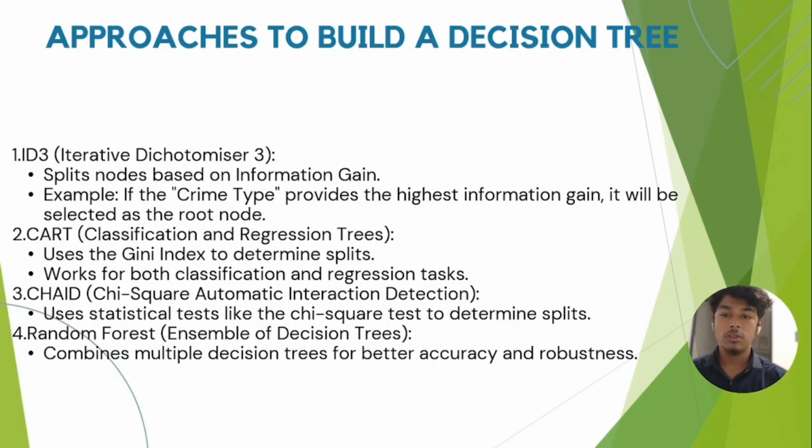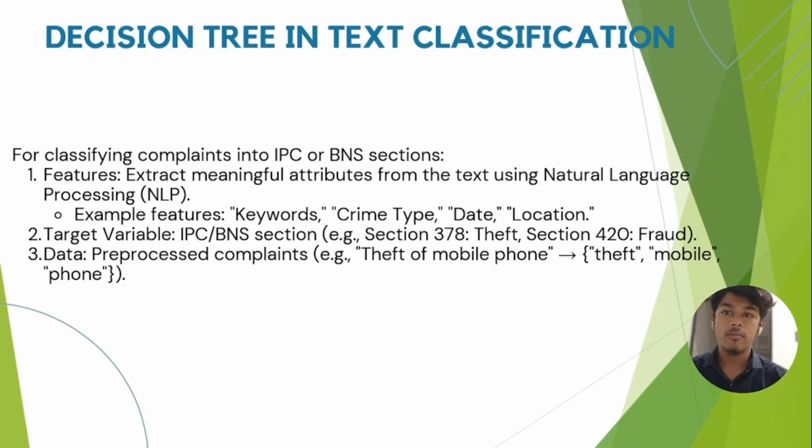Works for both classification and regression tasks. CHAID, chi-square automatic interaction detection, uses statistics like the chi-square test to determine splits. Random forest combines multiple decision trees and takes their mean for better accuracy and robustness.